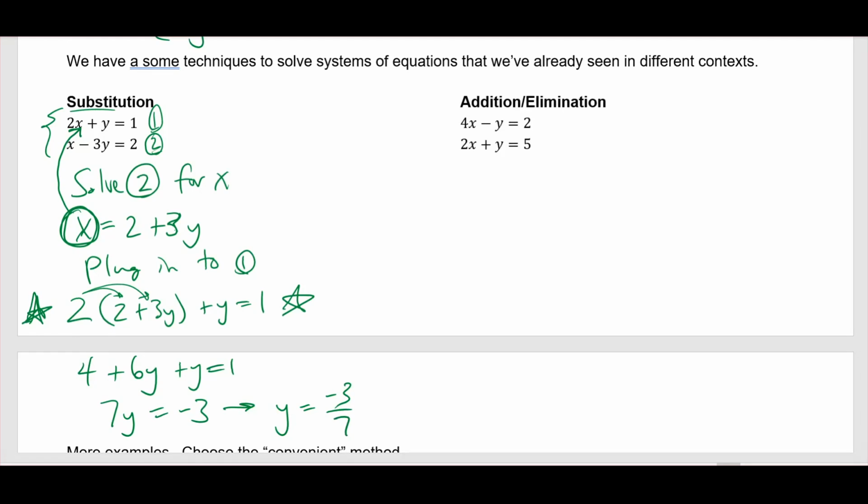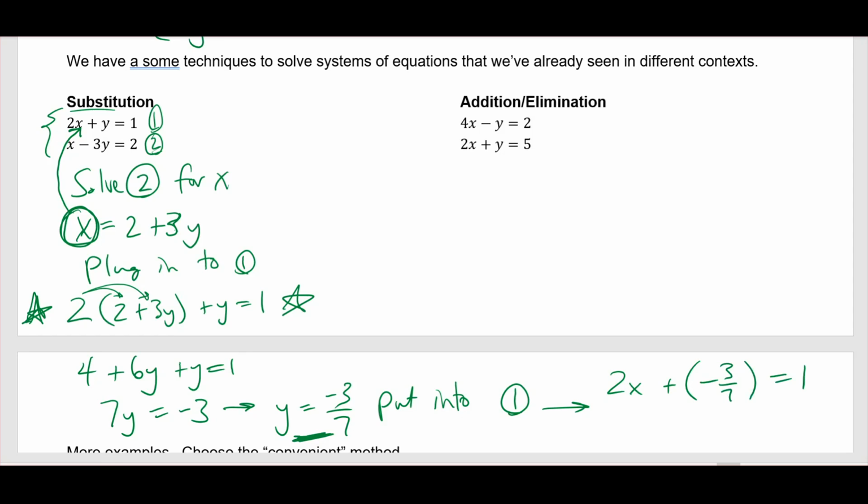And now that we have this guy, we can plug that one back into one of the original equations. So let's put it into maybe, it doesn't really matter here. Why don't we put it into the first one? So we've got 2x plus that y value that we just found.